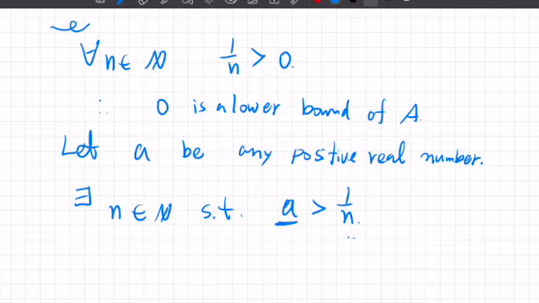So any positive real number cannot be a lower bound of this set A. That is, all non-positive real numbers are lower bounds of A, and the greatest of all non-positive real numbers is 0. So therefore, inf A, the greatest lower bound of A, must be 0.